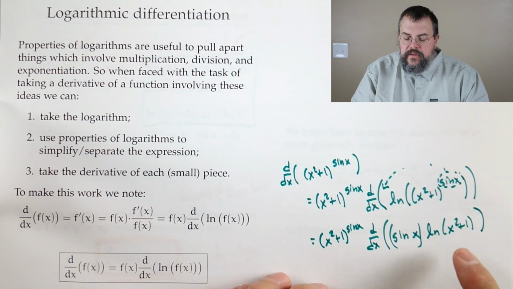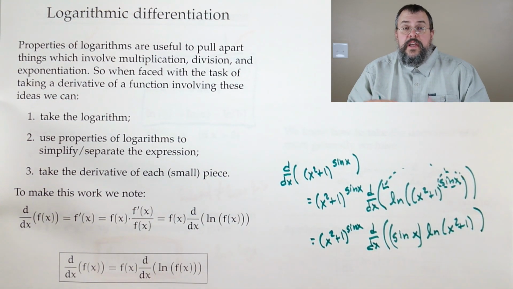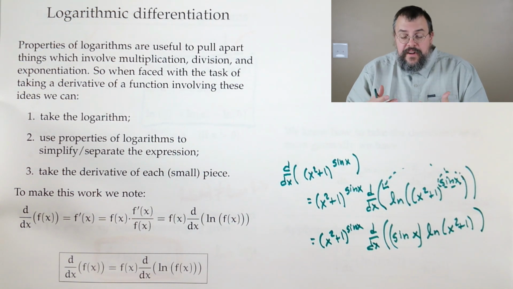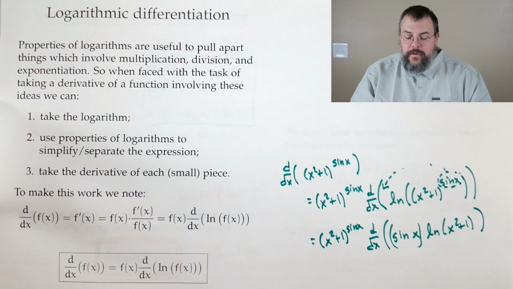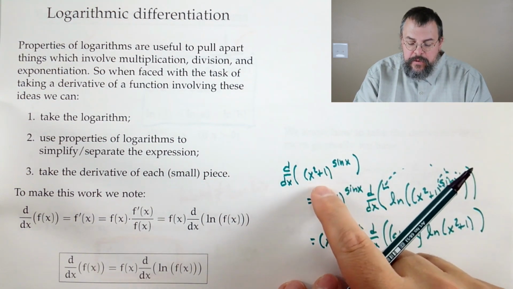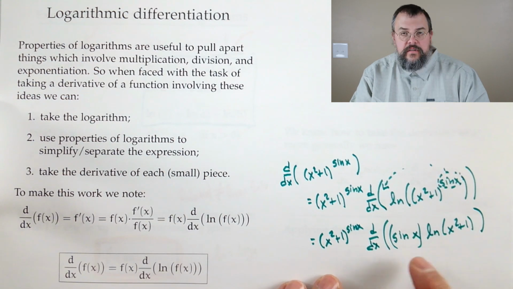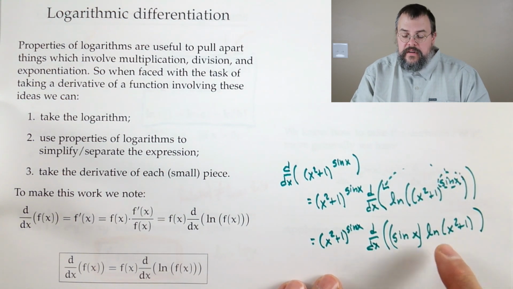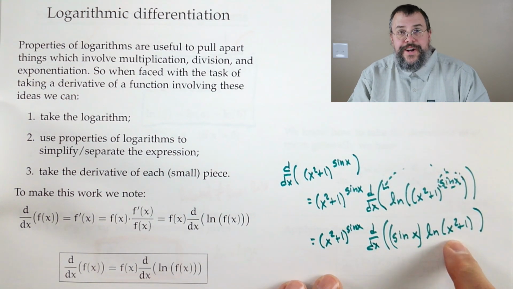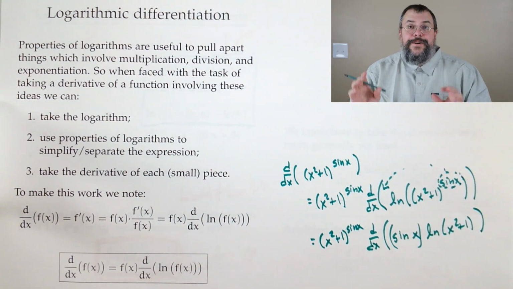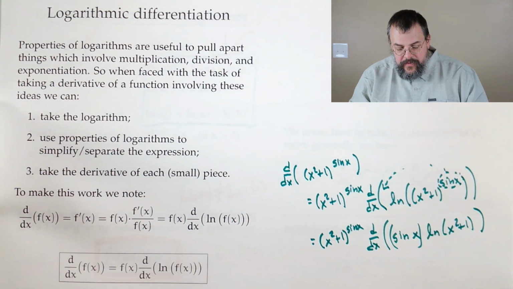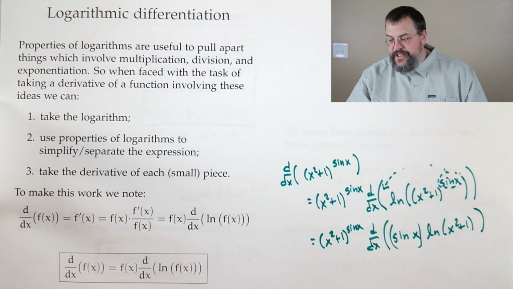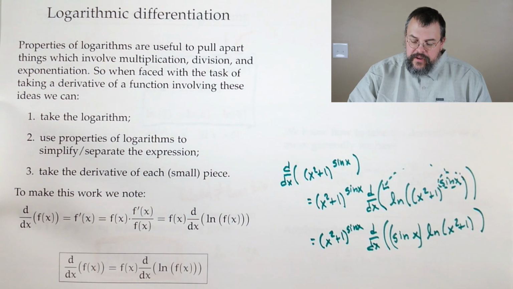So now you have something that's easy to work with in the sense that we recognize it. It's a product rule, and we have a rule for that. Whereas this doesn't look like anything we can take a derivative of, this looks like stuff we can take the derivative of, because I know how to take the derivative of sine, and we just learned how to take the derivative of natural log. So woohoo! We can make progress. So when do you use logarithmic differentiation? Well, basically, you're going to use it in two cases.